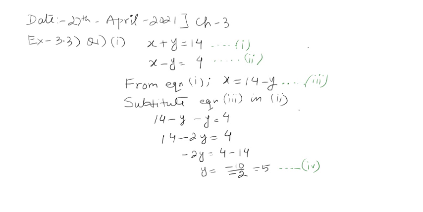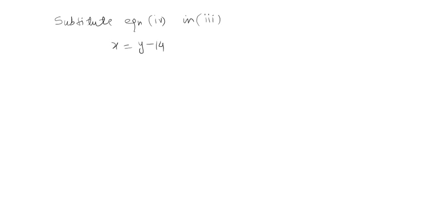Sorry, I've written a wrong thing here, just 14 minus y. So 14 minus y, and y is 5. So replace it with 5. Therefore x comes to 9 and y is 5.